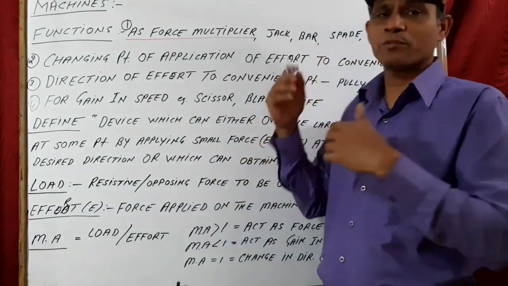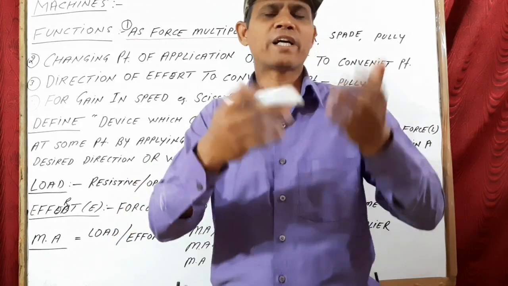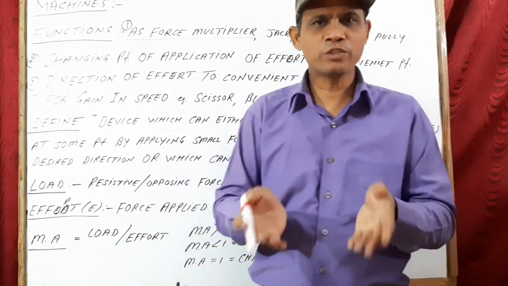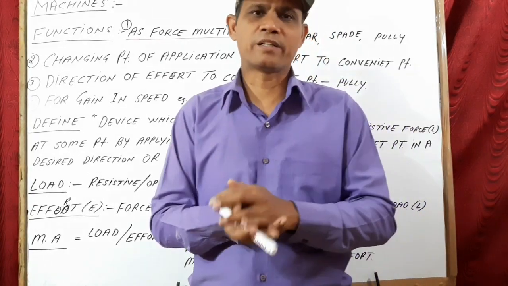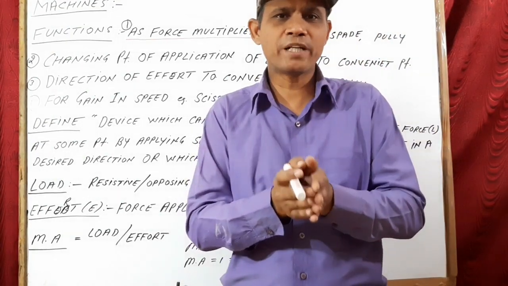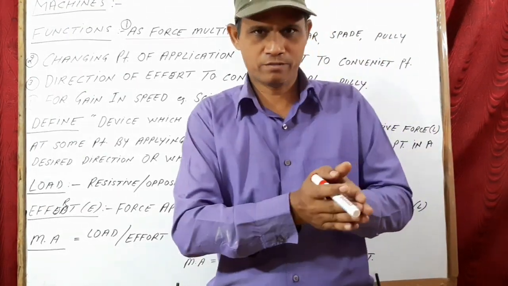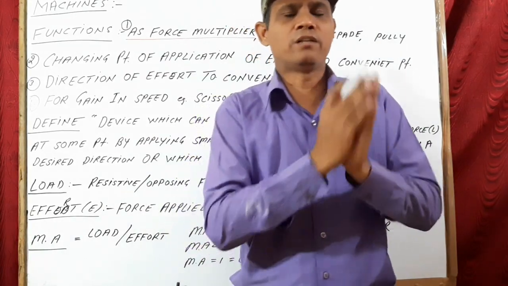And then there is a bar. If you want to turn a heavy stone in the forward direction or in any direction, what do you do? You just use a bar and you can turn it. And next is a spade. With the help of a spade, you can turn the soil. So here also you are applying lesser force and you can turn the soil.